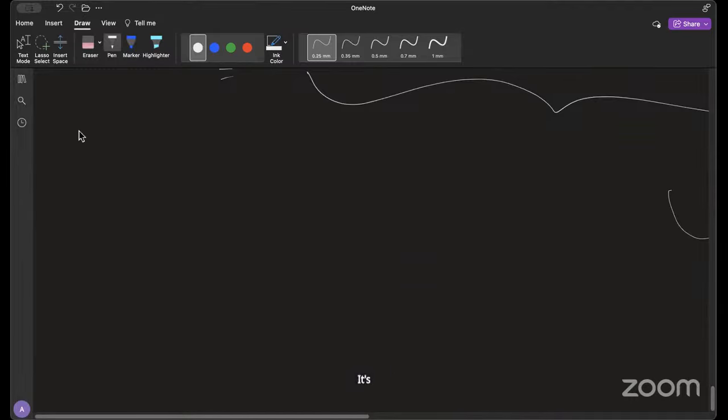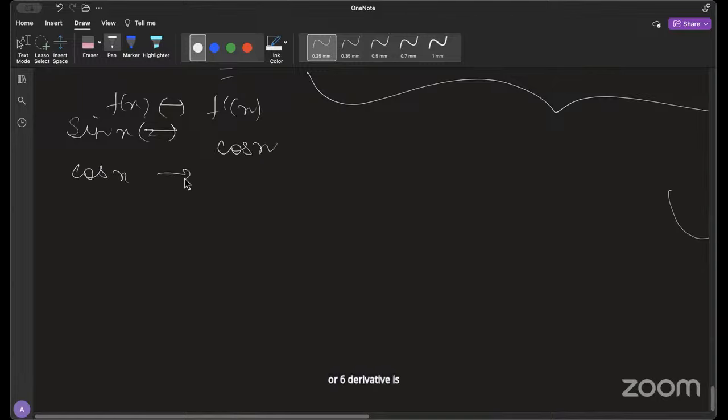Some of the main derivatives I've already written in the previous class. Then you have trigonometric functions where sin x's derivative is cos x. Cos x's derivative is minus sin x. Then tan x's derivative is secant square x.